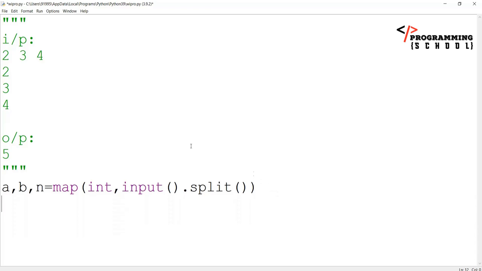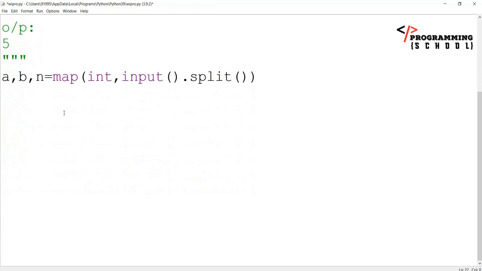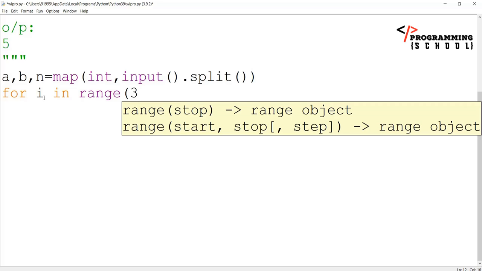Then I'm going to write a loop: for i in range of. I have to find the third term up to the nth term.